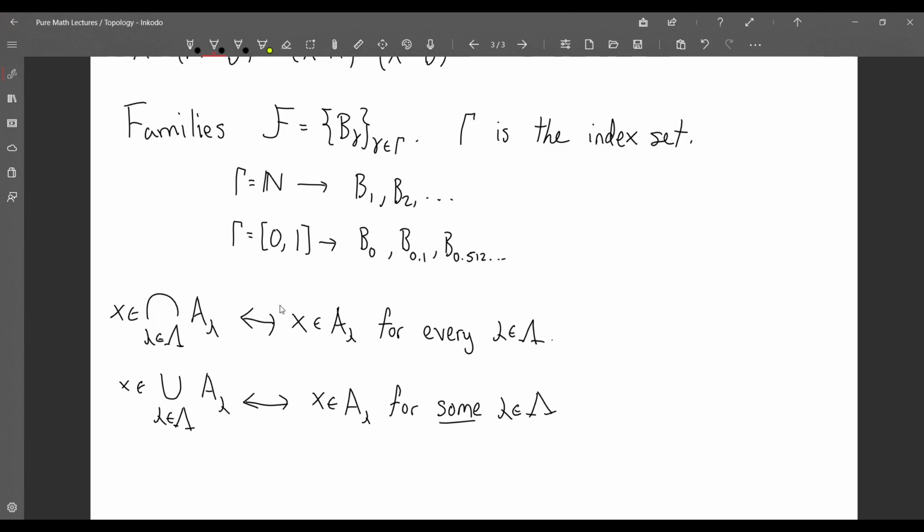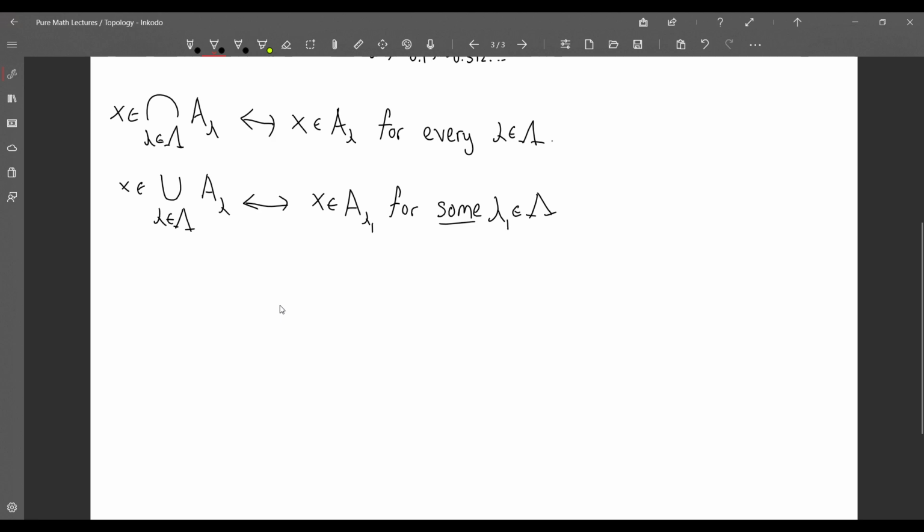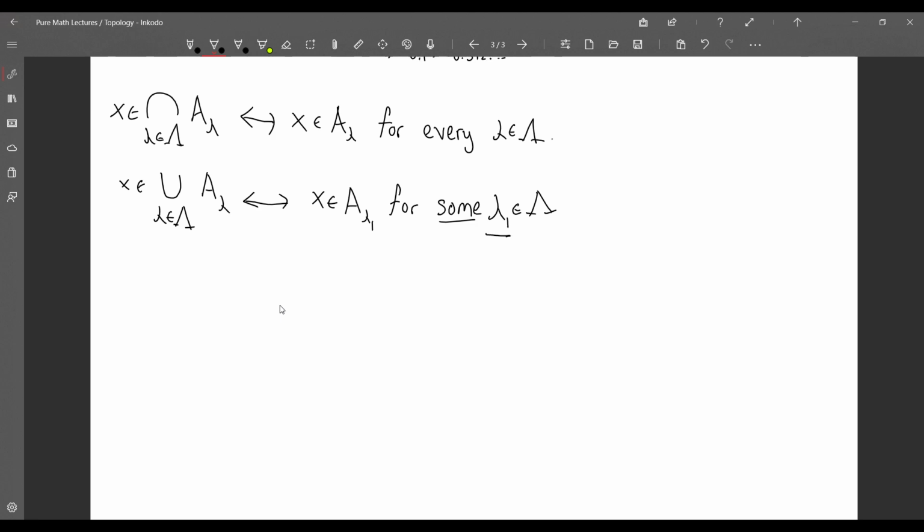So really we could denote this as lambda 1, to drive home the point that there has to exist a specific lambda 1. It doesn't have to be exactly 1. It could be more than 1. It could be every lambda, but there has to exist at least one specific lambda. Got that.